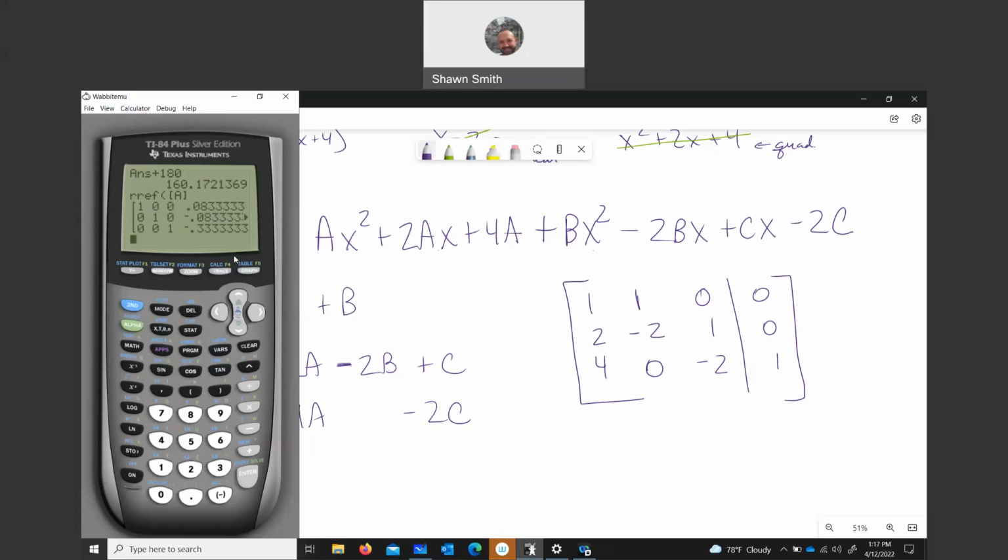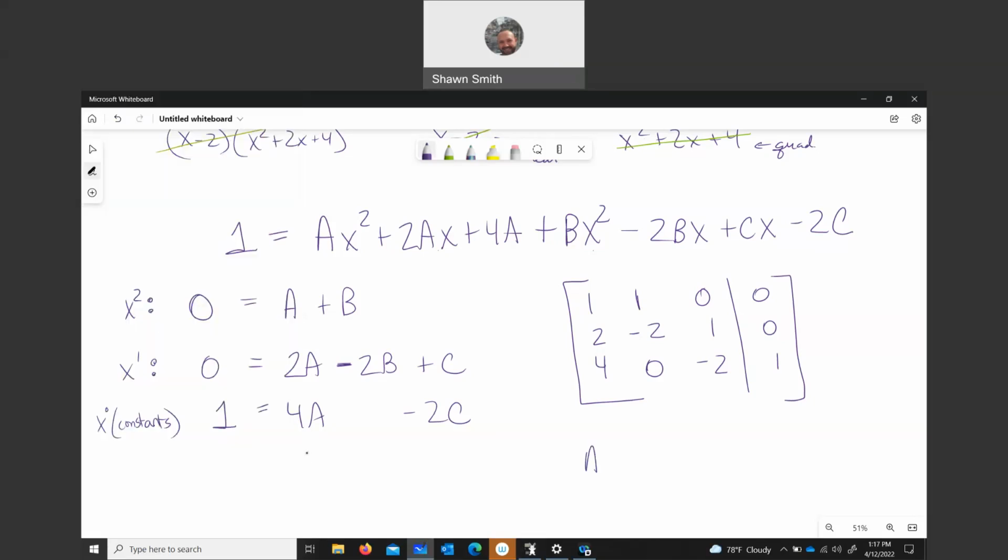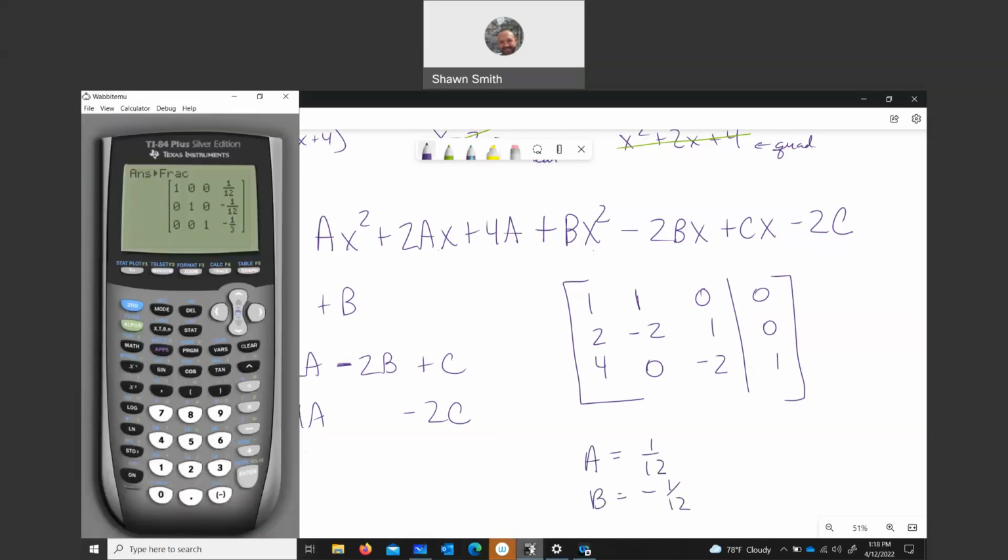Yeah, I've got a bunch of ugly decimals I don't like. So I'm going to change these to fractions. Math, number one, enter. And there are my fractions. A is 1/12. B should be -1/12. And C is, I forgot what C was, -1/3.